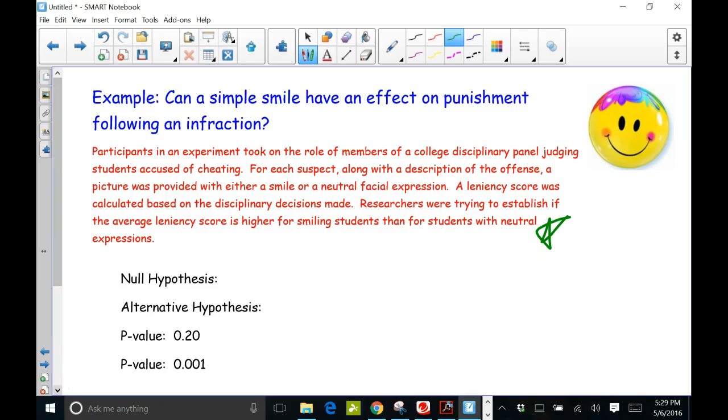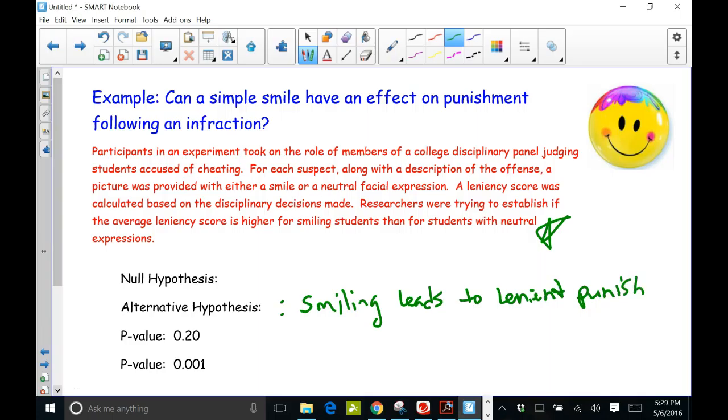A good way to decide what's the null and the alternative is to think about what we're trying to prove. And here we're trying to prove that smiling leads to lenient punishment.